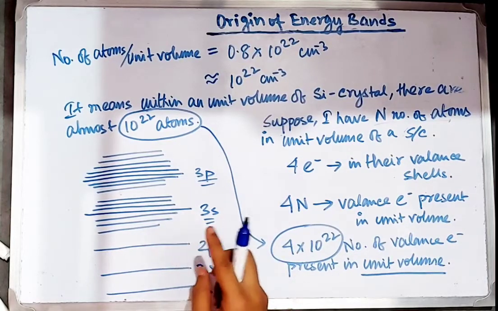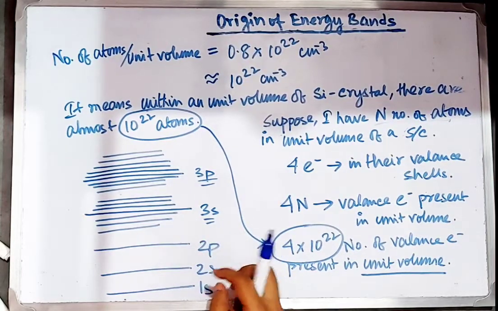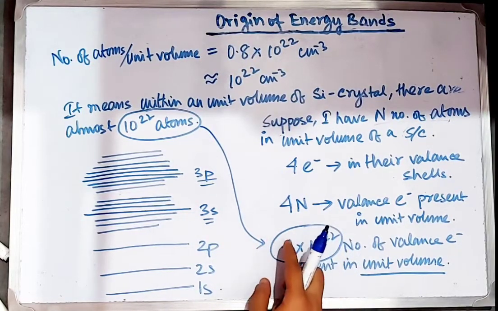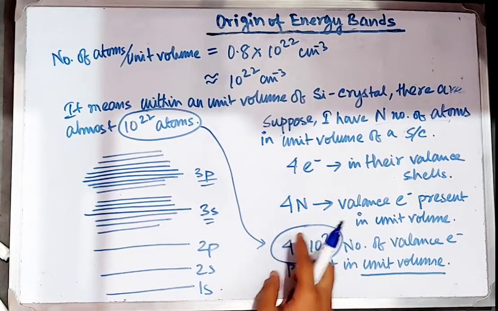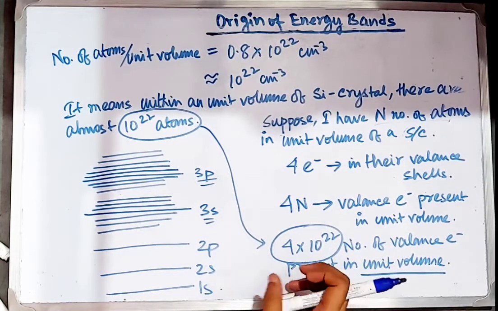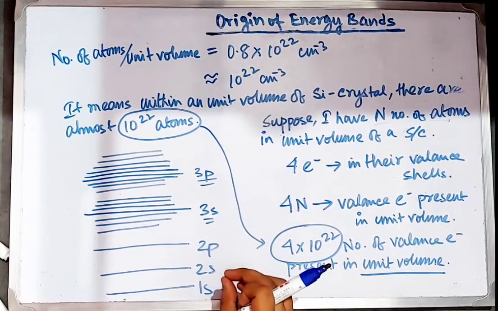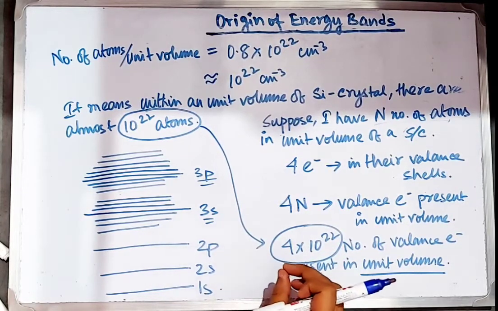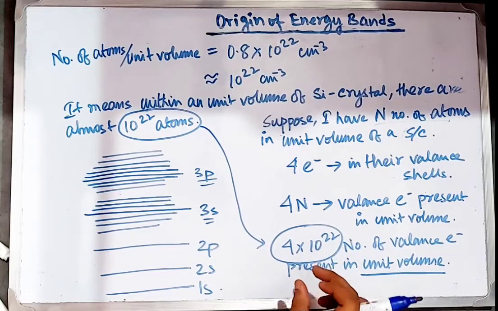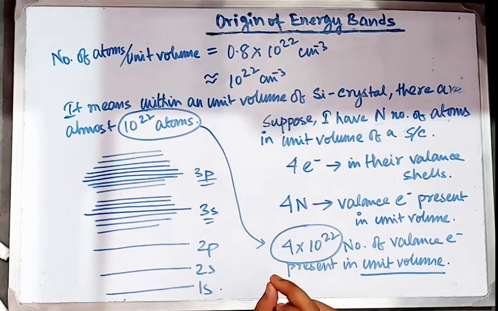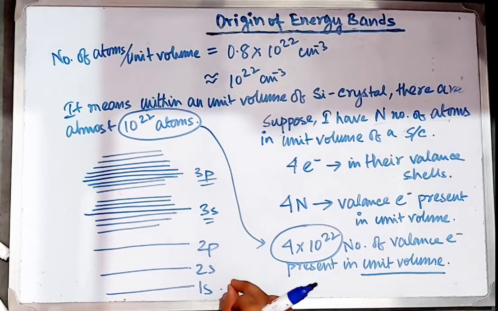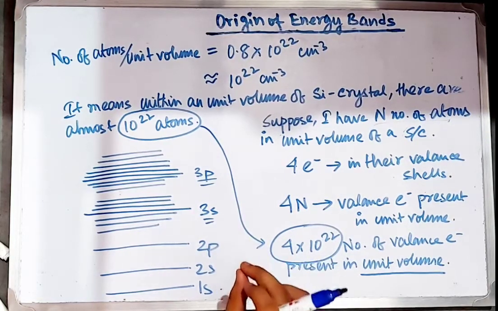So the outermost shell will get split into this number of states to give space to each and every electron present within that crystal. That is why we are getting this 4 into 10 to the power 22 closely spaced discrete energy states, and we call it an energy band.